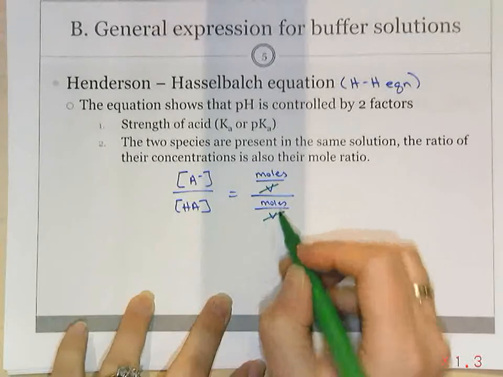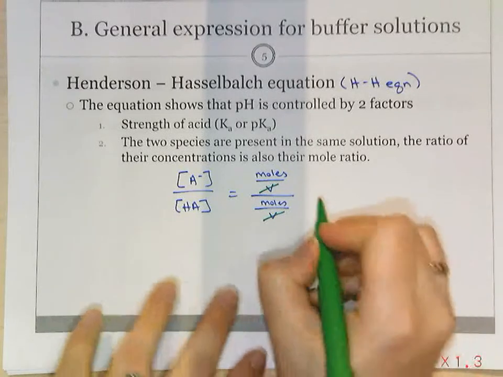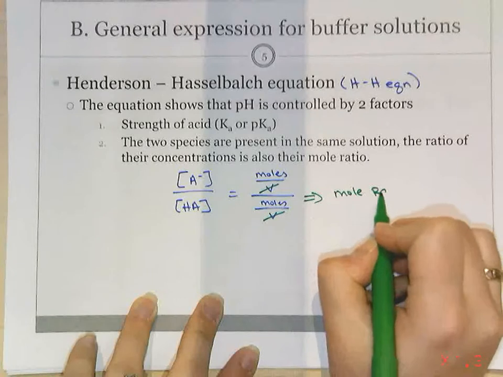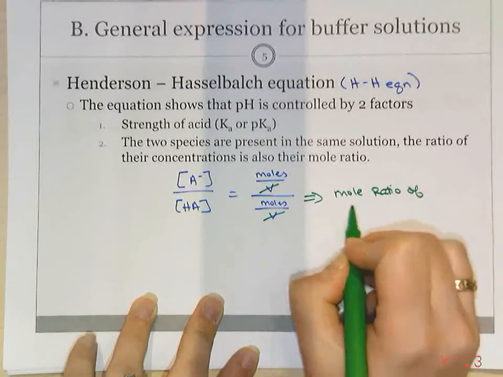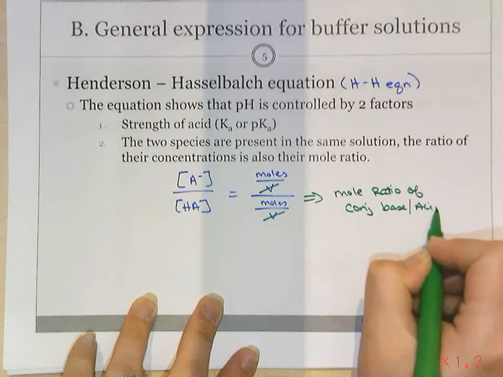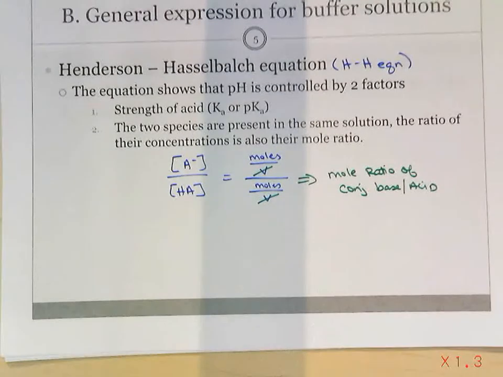Which means really this is a mole ratio of conjugate base and acid. What if I had an equal amount of moles of acid and base? It would be 1.